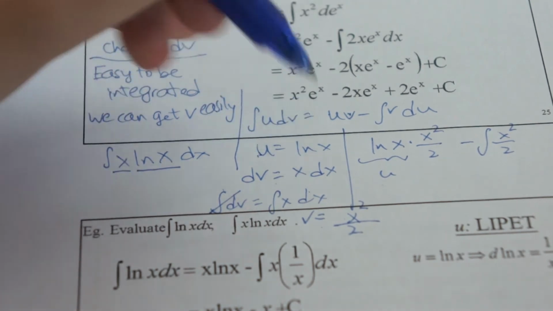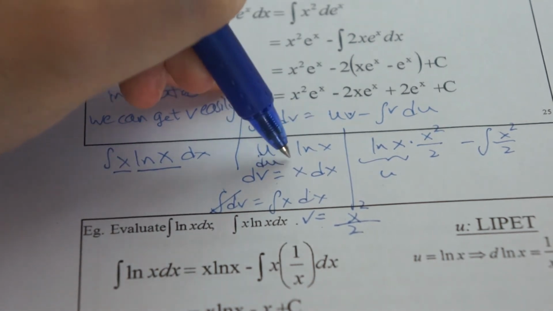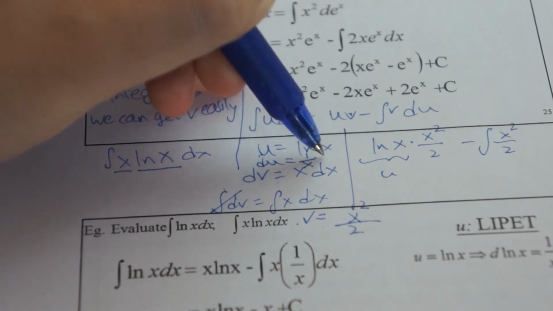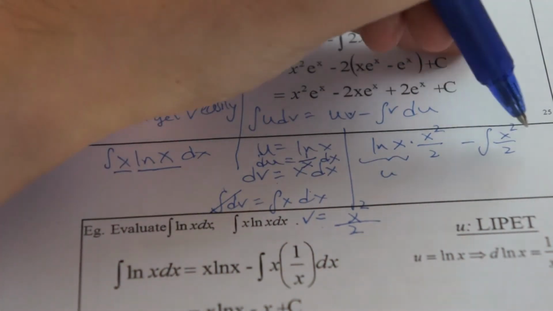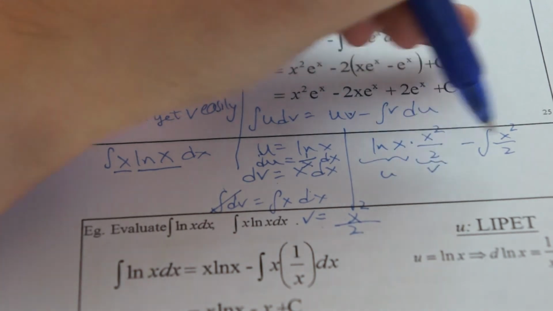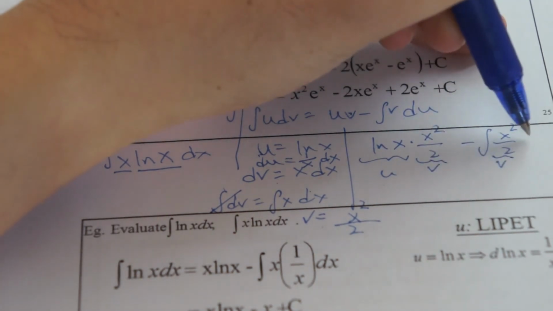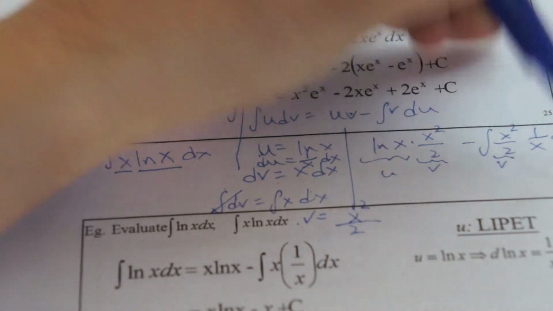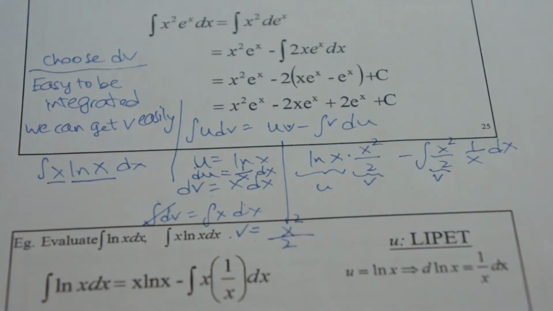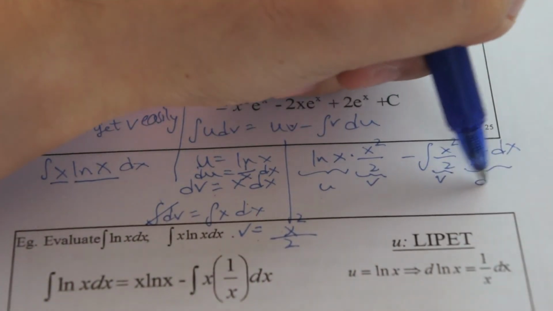In fact, du equals 1 over x times dx. So this is v, and this is the du.